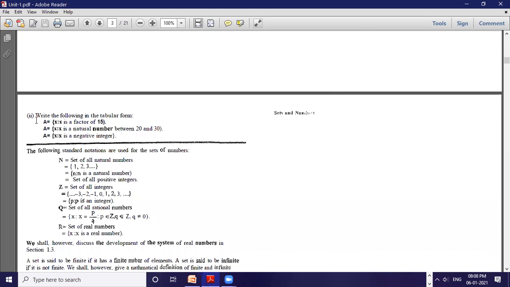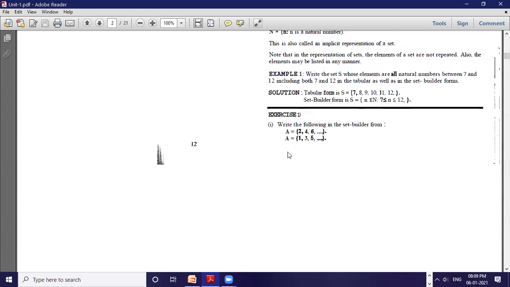Okay, and then this one, write the following in tabular form. Given that A is equal to {x : x is a factor of 15}, and the next set, x is a natural number between 20 and 30, and x is a negative number. You need to convert them into tabular form. Okay, you don't need to worry. I am bringing more examples, but you have to comment the answers to this question.